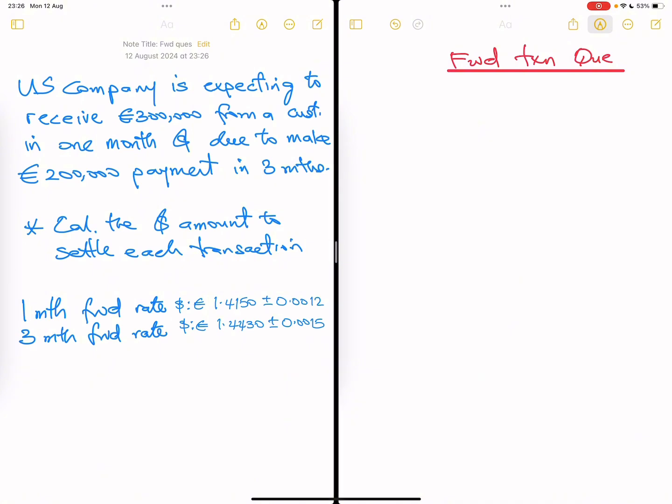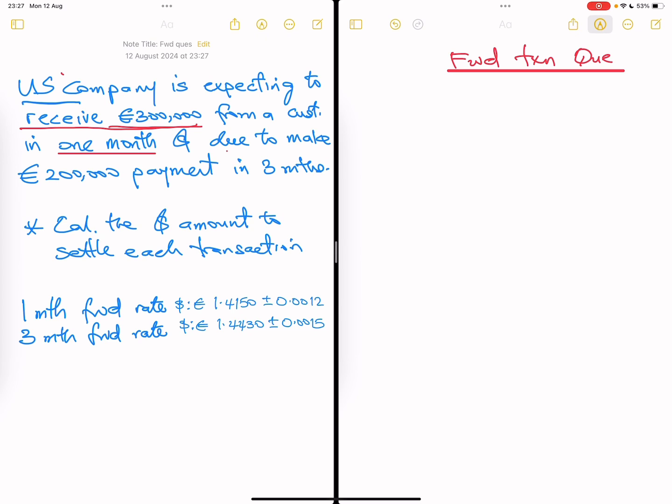We have a US company that is expecting to receive 300,000 euro from a customer, and that's happening in 1 month. So there's a delay. So there's an exposure to fluctuation of exchange rate between euro and dollar because it's a US company.